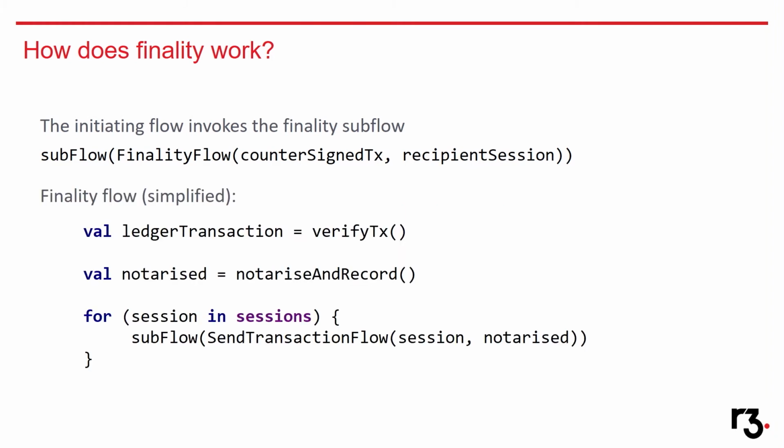And the flow then basically calls a few functions. It calls verify on the transaction to make sure that it's actually a valid transaction. If that succeeds, it sends it off to the notary, and then if that succeeds, records it, and then basically just loops over the sessions you passed in, and sends off the transaction, including all the states, to all these sessions.